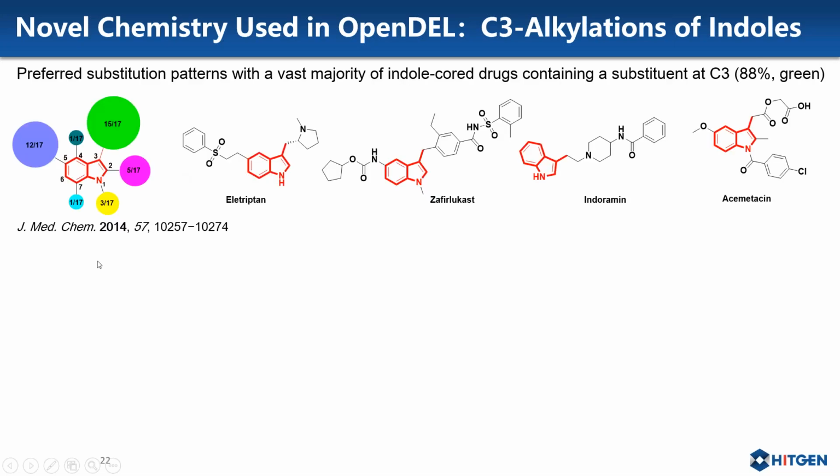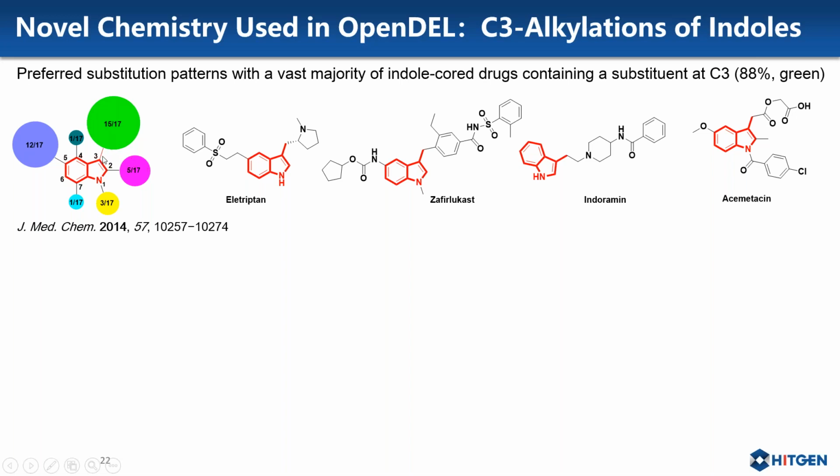Here is one of the examples. We know that in 2014, a J Med Chem paper published a review on indole-focused compounds. At that time, there were 17 different drugs approved by the FDA.